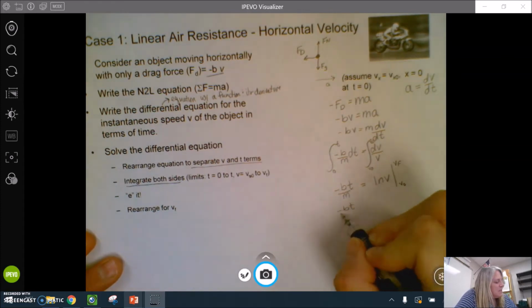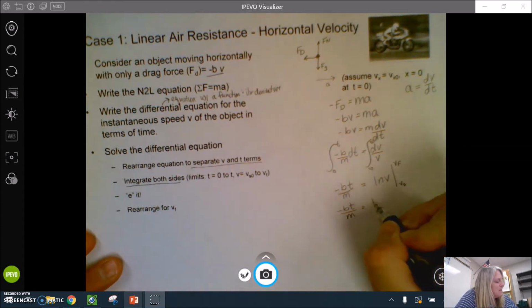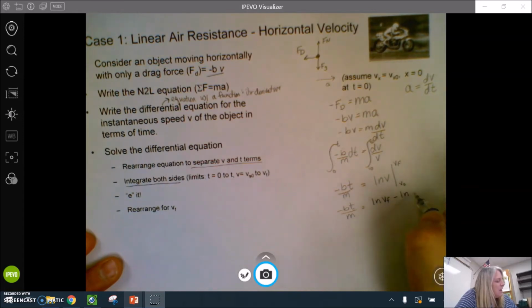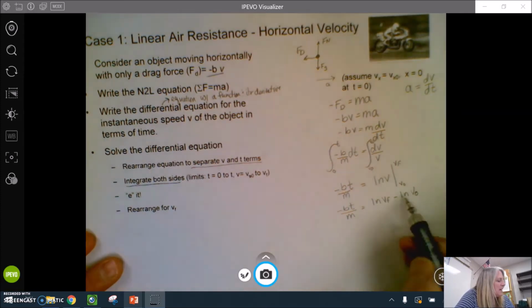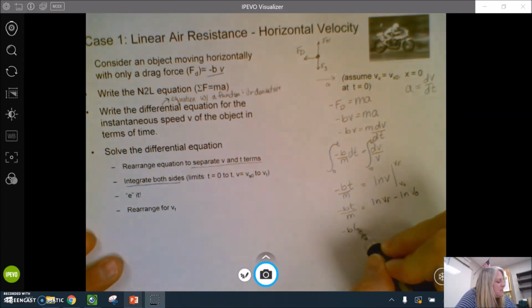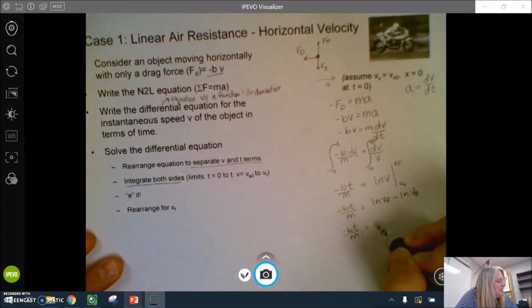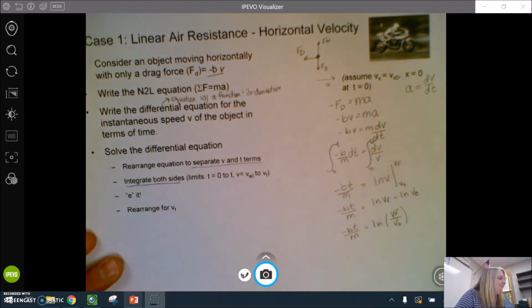So that's negative bt over m is equal to the natural log of V final minus the natural log of V initial. And by natural log properties, when you subtract natural logs, it's like dividing them. So bt over m is equal to the natural log of v final over v initial.